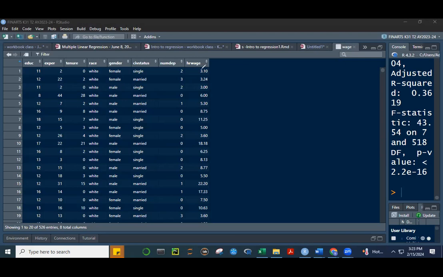R takes a look at which comes first alphabetically. In that case, it's non-white, and then it will make this the benchmark variable, the benchmark value, which means that it will get a value of 1.